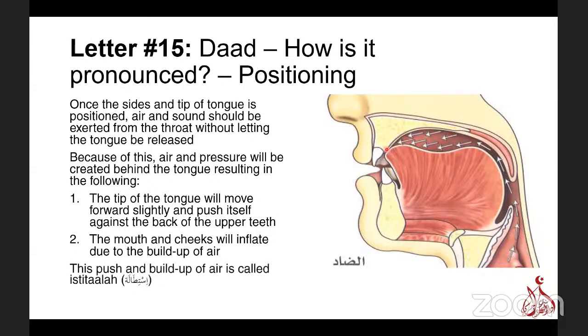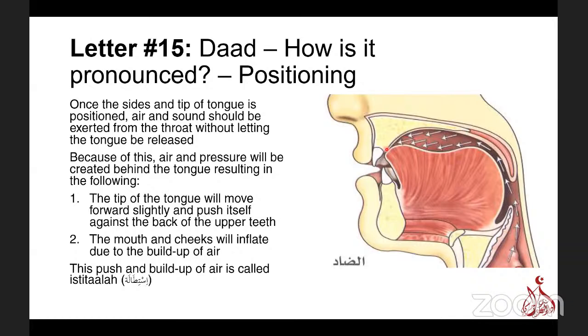But so now this entire process of the air coming in, being trapped by the tongue, and because of that, your mouth inflates, and because of that pressure, the tongue moves forward. This whole thing in Arabic is known as istitala. Istitala means when you make something long. When you pronounce a Daad, it takes a bit of time to do it because there's multiple processes.